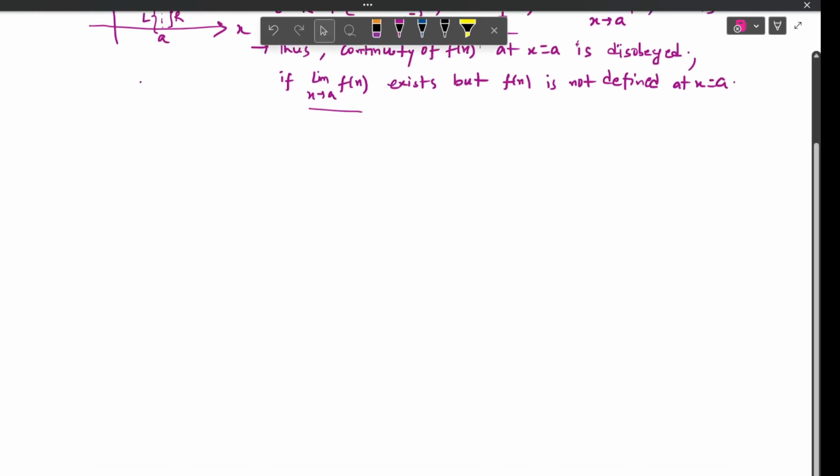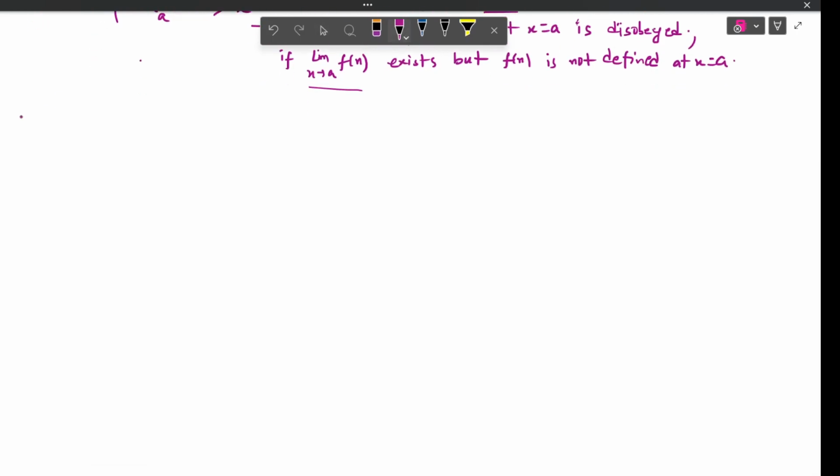Now let us consider another scenario. Let us say now the graph looks like this.